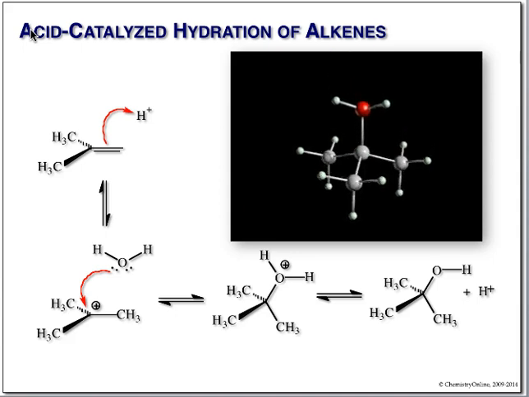I have it coming in the top. This is going to lose a proton, and we wind up with the tertiary alcohol. So once again, even though these all sound different to you, or look different, it's the same sort of stuff over and over again, isn't it?